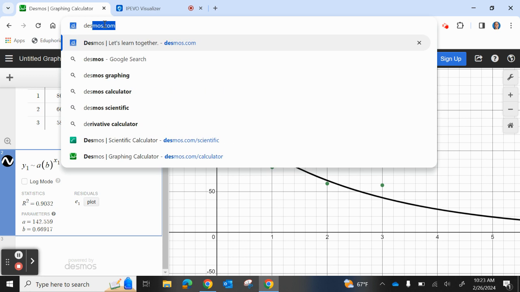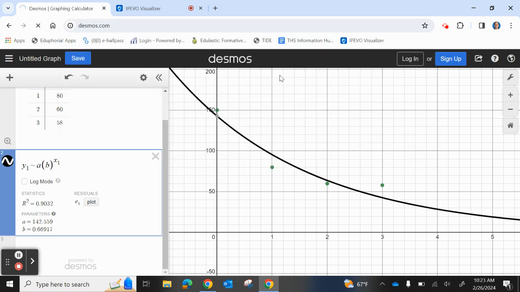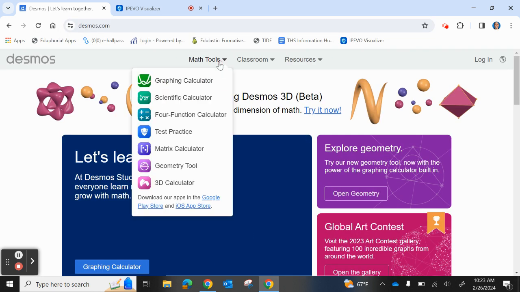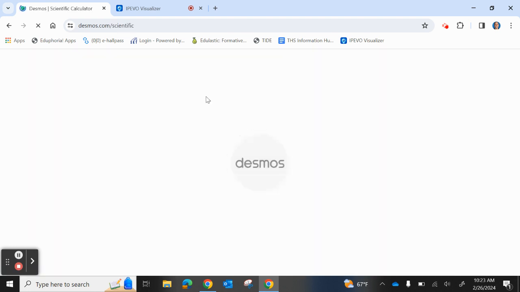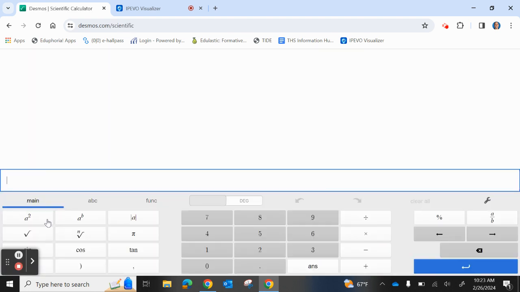So let's go to Desmos. Now in this case, we just want scientific calculator.